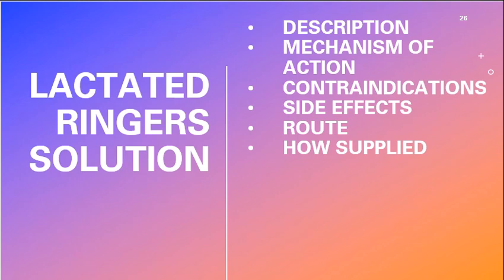Crystalloids such as lactated Ringer's diffuse out of the intravascular space and into the surrounding tissues in less than an hour. Therefore, it's important to remember that if you want to replace 1 liter of lost blood, you're probably going to have to give 3 liters of LR. You have that 1 to 3 shift, where the fluid is going to be coming out of the vasculature within about an hour.